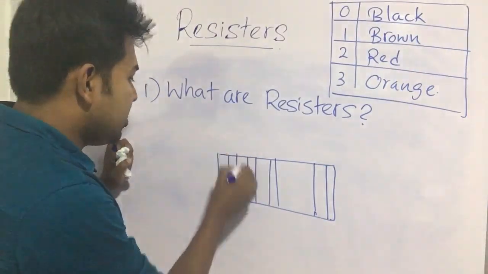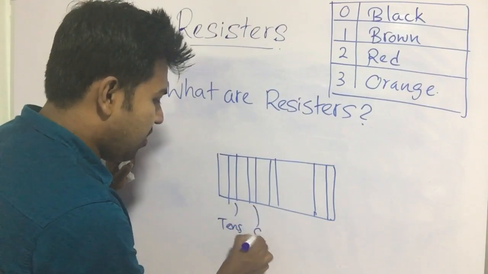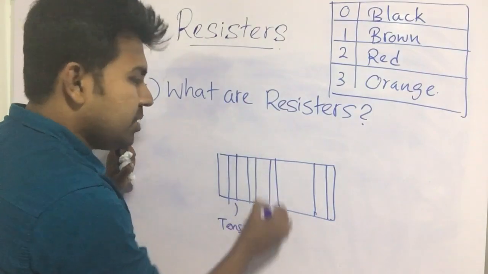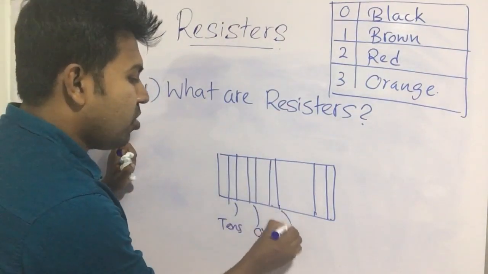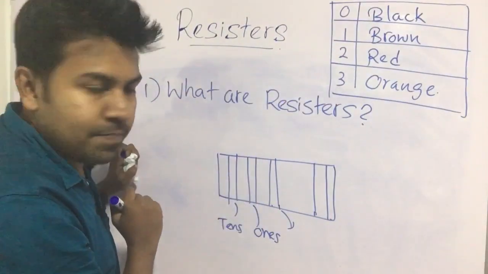This is called the tens place, this is called the ones place, and here you will be getting the power of 10 of the color.